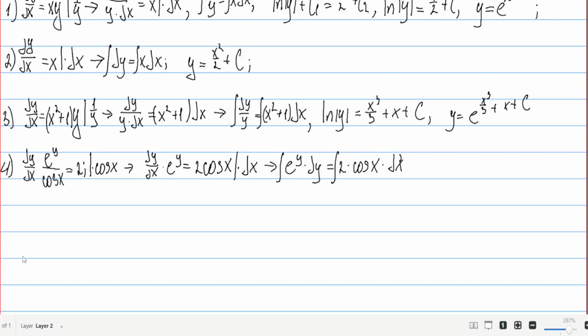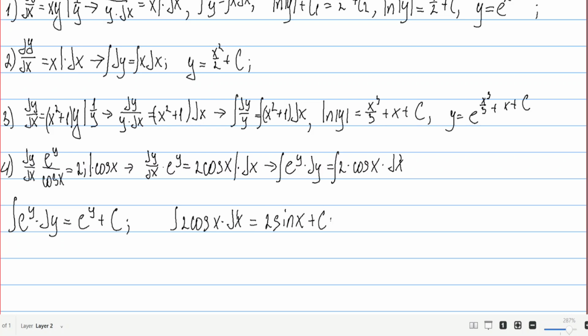So the integral of e to the power of y times dy is equal to just e to the power of y plus some constant c. The integral of 2 cosine of x times dx is equal to 2 sine of x plus some constant c.